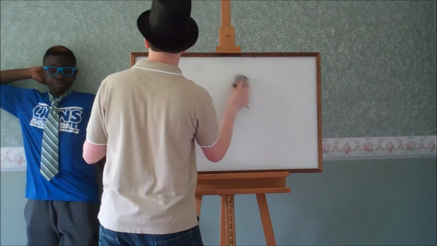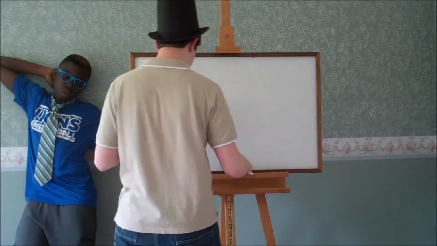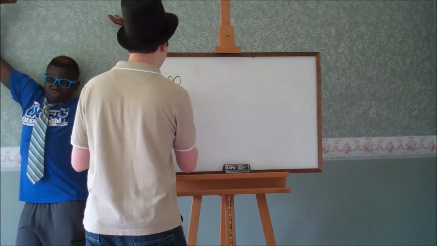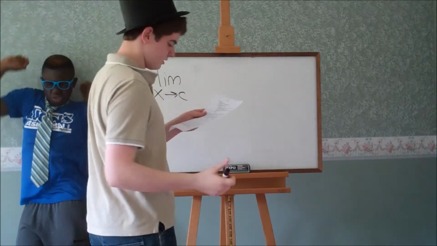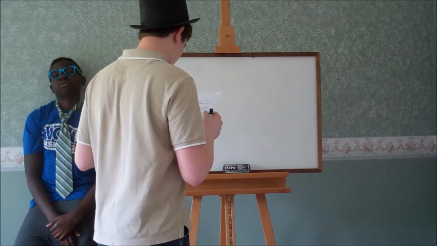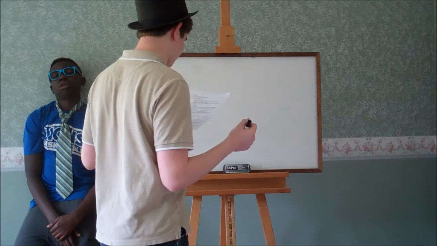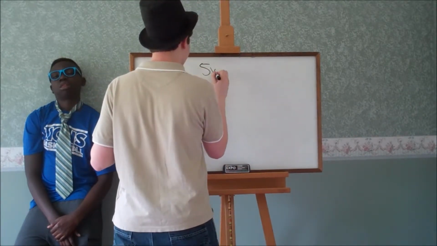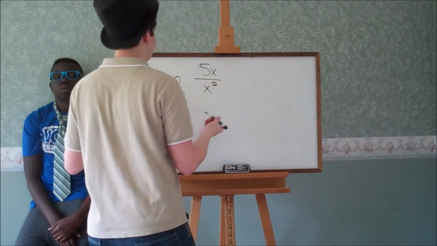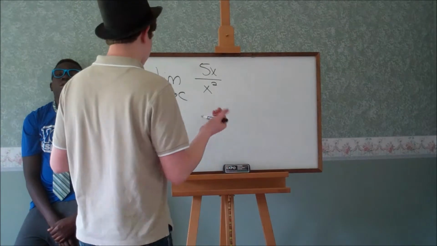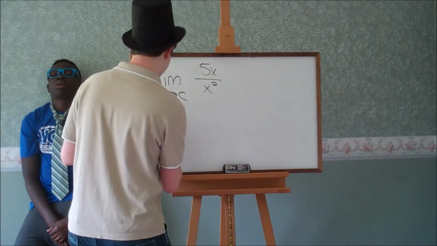The same goes for division. I'm keeping division separate though because it's pretty different. Limit as x approaches c. Once again, we're going to use the same function, the limit as x approaches c of 5x over x squared, right? You can actually simplify those even further.